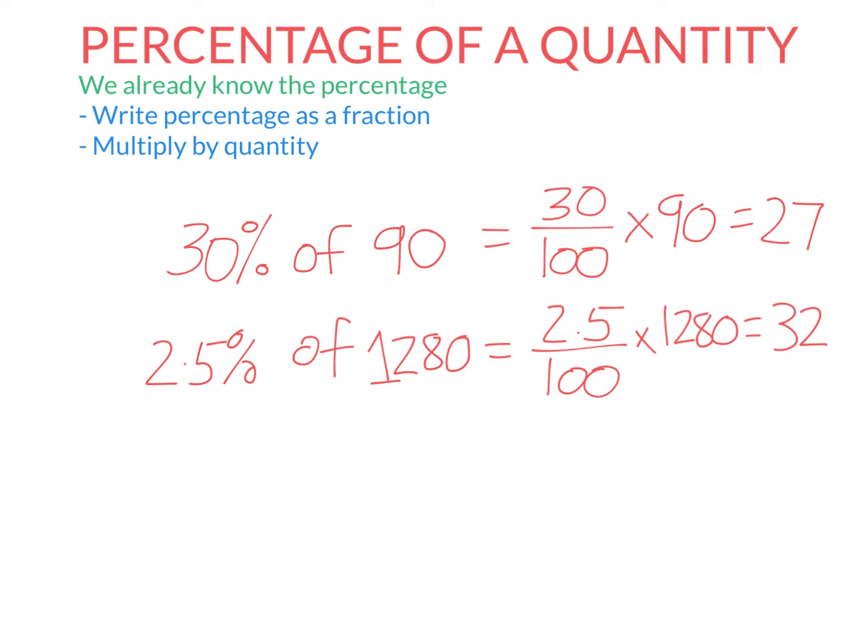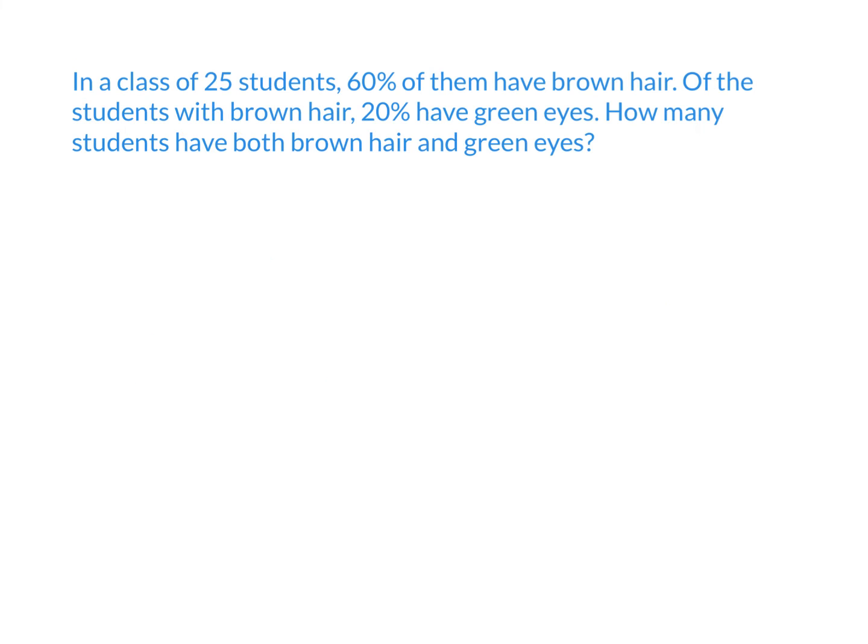All right, let's look at some word problems. So let's say in a class of 25 students, 60% of them have brown hair. Of the students with brown hair, 20% have green eyes. How many students have both brown hair and green eyes? So first thing we're going to do is calculate how many people have brown hair. So 60% of the 25 students have brown hair.